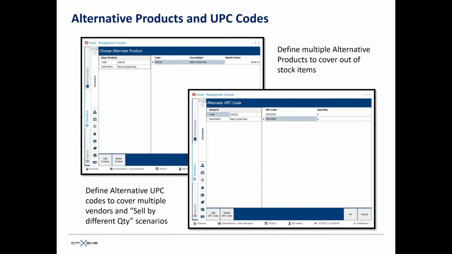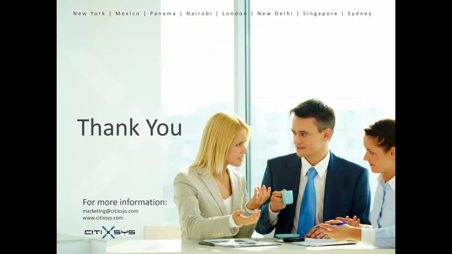So with alternate products, you allow the cashier to present different options in case the product that the customer wishes is not available, and with the alternate UPC codes, you present different options to go with the same item.